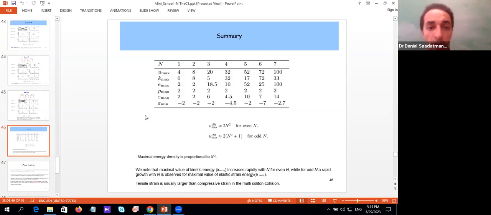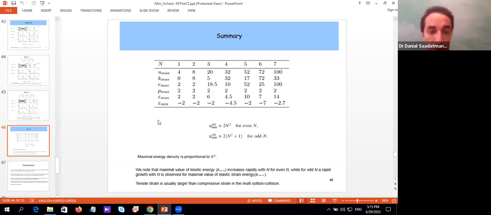Here I have collected all the numbers. As you can see, maximal energy density is proportional to n squared, where n is the number of kinks. If the number of kinks is even, the maximal energy density is n squared times 2, but if the number is odd, this value is 2 times n squared plus 1.